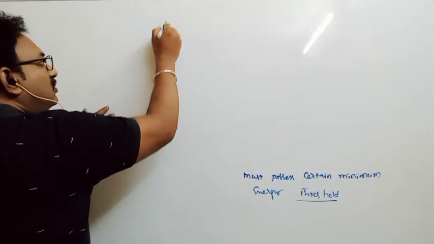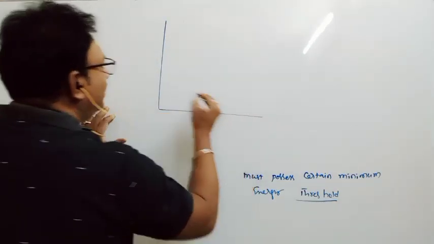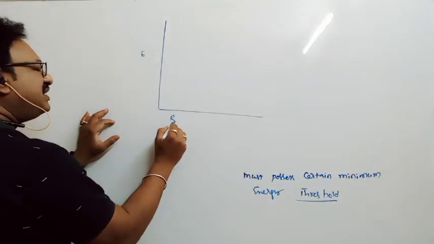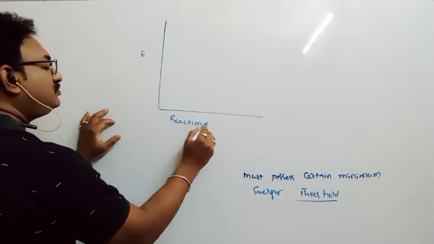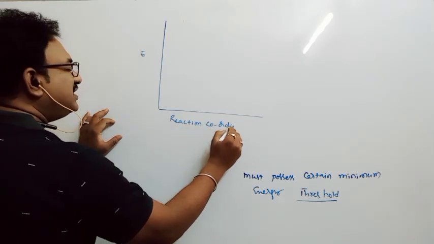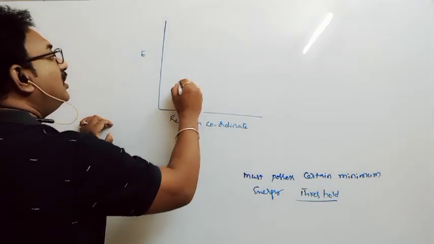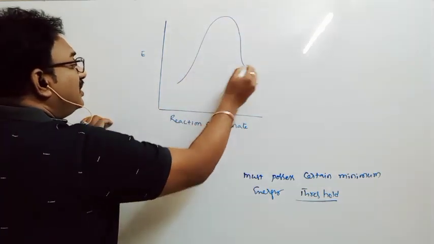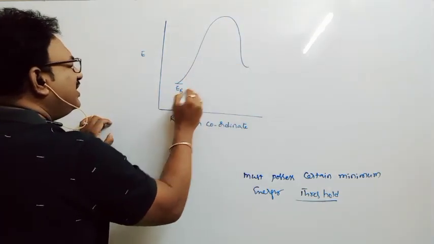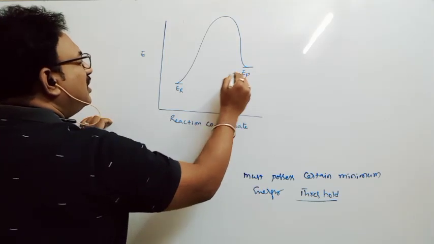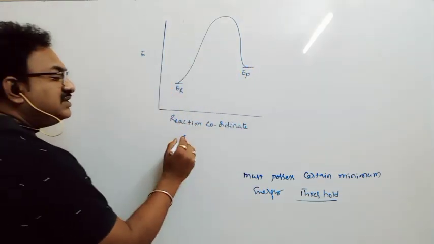Okay. So, if you consider a graph, energy versus reaction coordinate. Energy versus reaction coordinate graph. Okay, if this is energy of reactant and this is energy of product. So, energy of product is greater than energy of reactant.